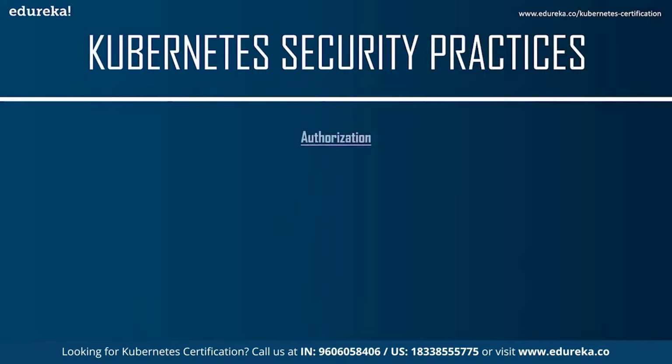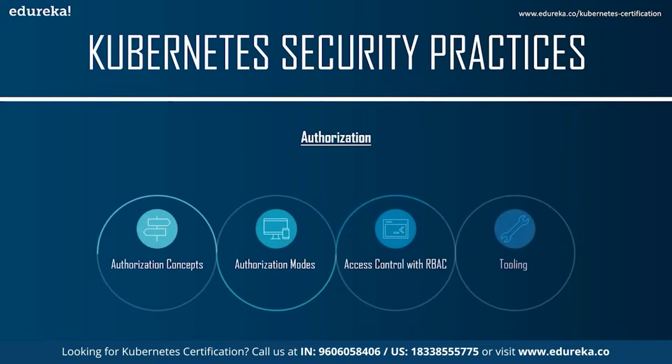Moving on to the next Kubernetes security practice, we have authorization. Now, authorization is assigning permissions to users and applications and in turn enforcing those. Authorization in Kubernetes verifies whether a certain action is allowed by a certain user or application, and if it is allowed, it performs that action or otherwise rejects it and potentially logs the attempt.